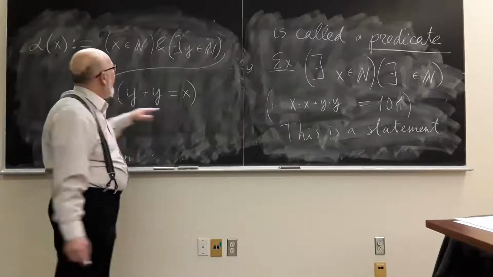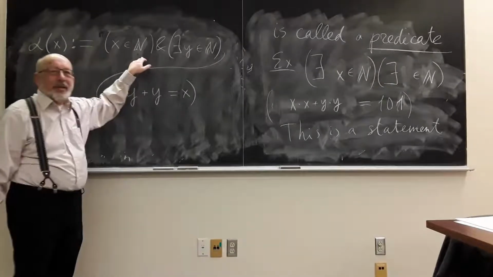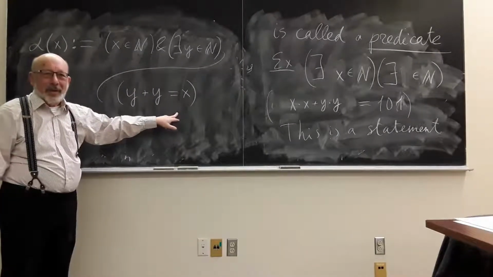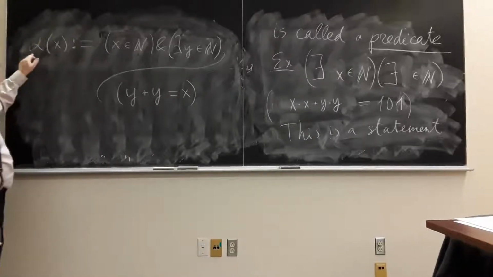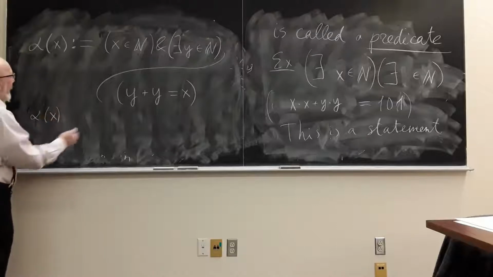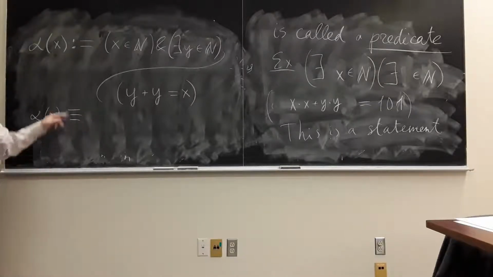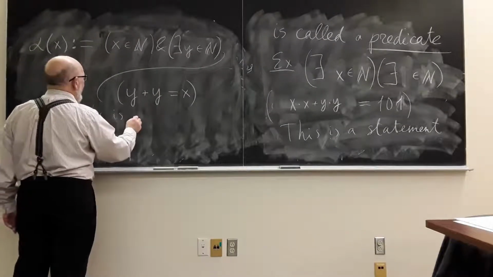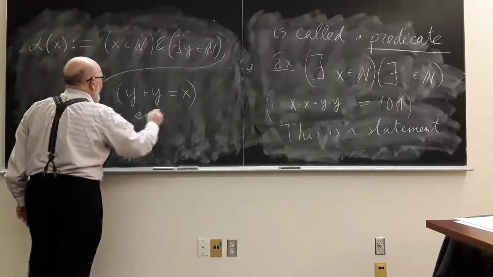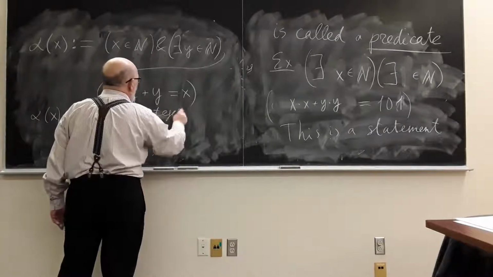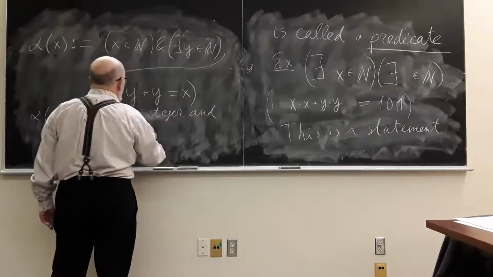The first says that X is an integer, and the second that X is even. So alpha of X is logically the same as X is an integer and even.